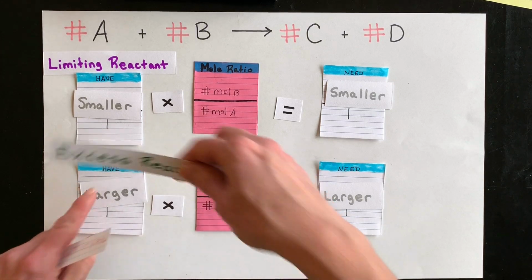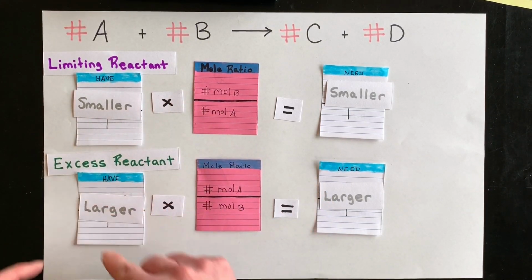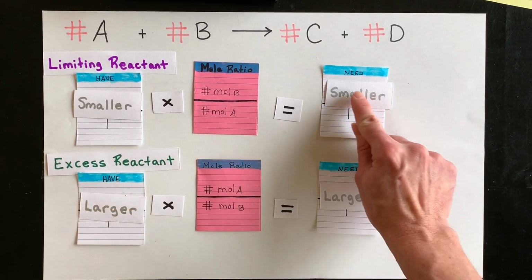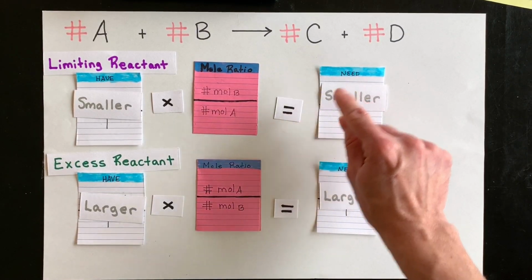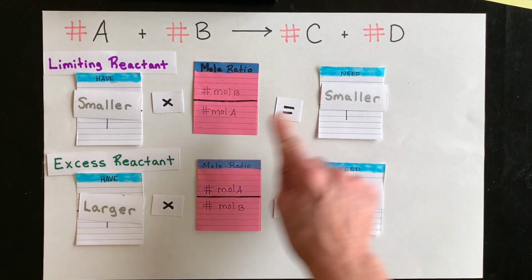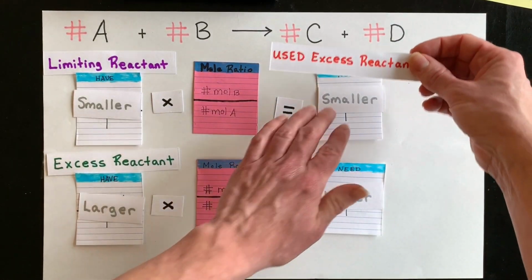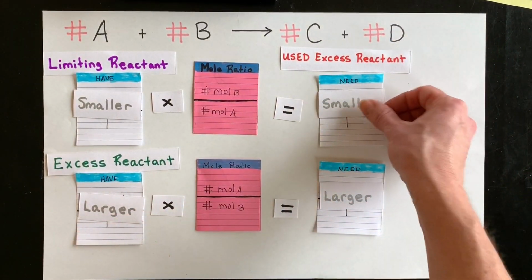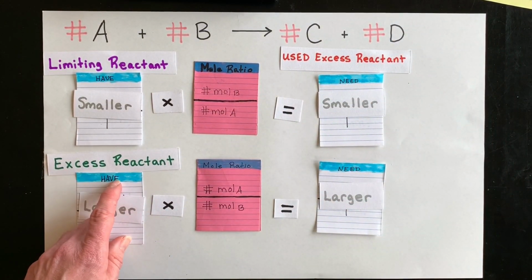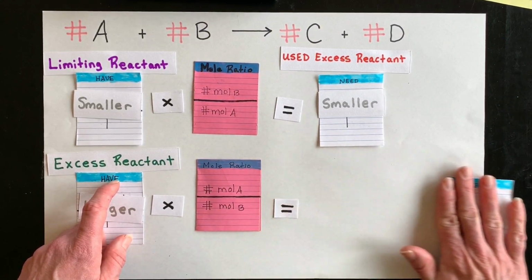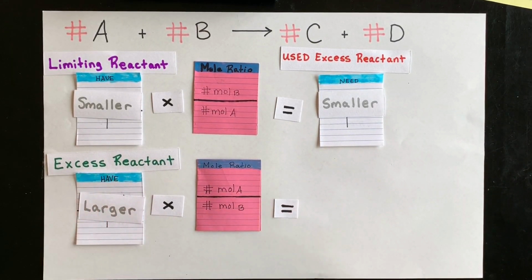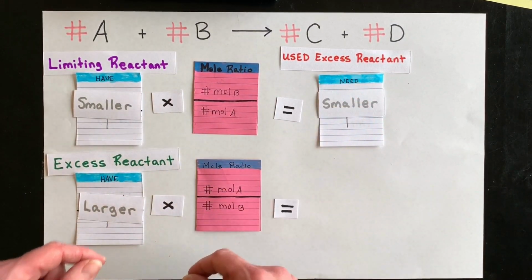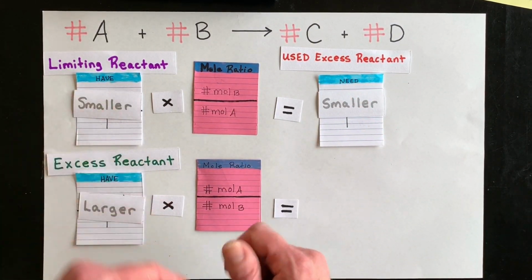That should also mean that this should be my excess reactant. So if this number is larger than this number, then that means I have more than I need, and this is actually what I'm going to end up using. So this is my used of my excess, and this is what I actually have. So this would actually be taken off the board and not be helpful at all. These are the 3 numbers you need to calculate the excess reactant, what you used, and then products.